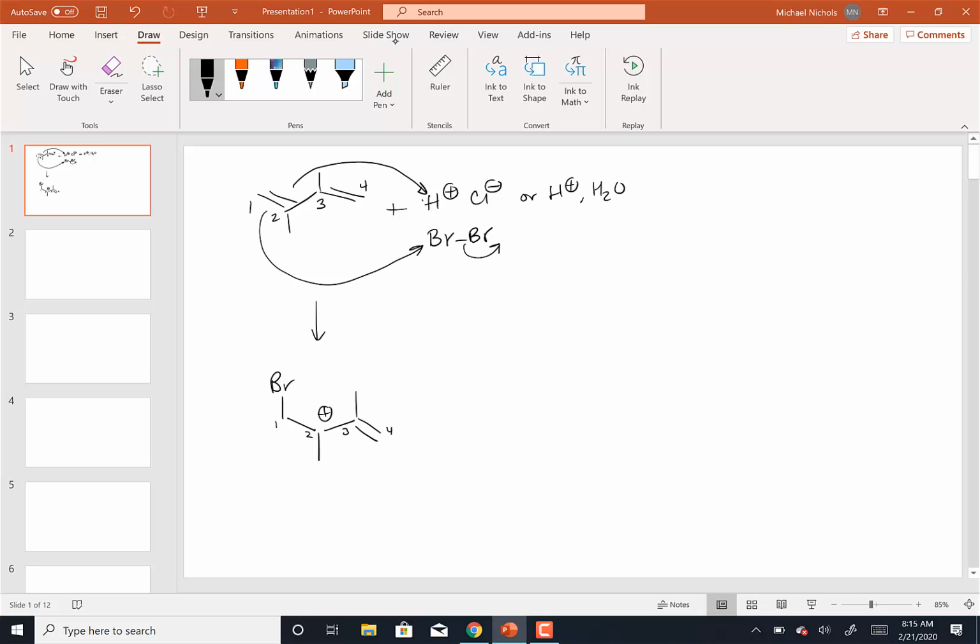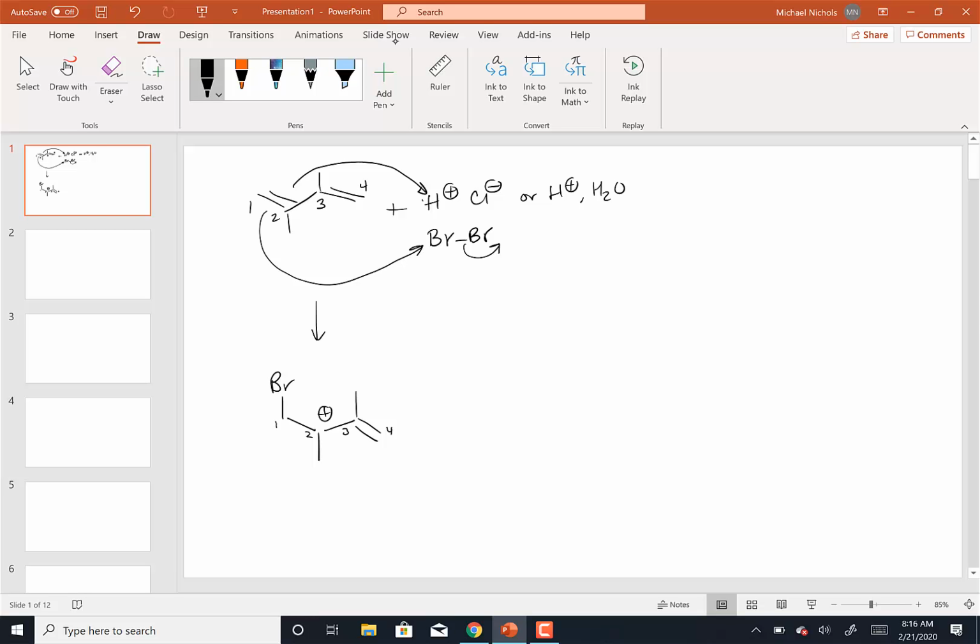Now, you have to be careful here, because where people are likely to make a mistake is that you put your Br not where carbon 1 should be. The Br has to be attached to carbon 1. That usually happens over here on carbon 4, and you may see that in your problems. If you put a chlorine over here, you got to make sure you put the bond there.